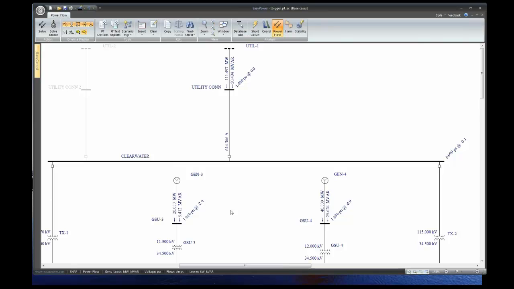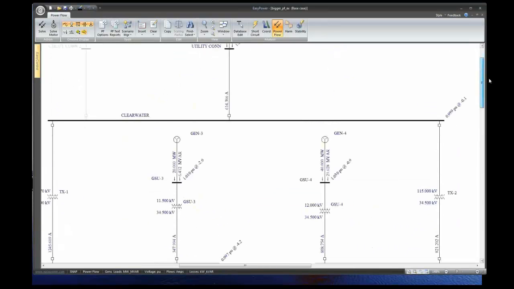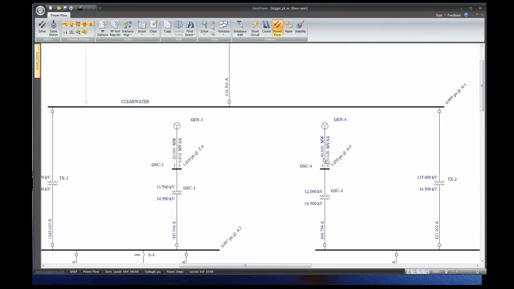My loads still require basically the same amount of VARs. This generator can provide some additional VARs, but there's quite a bit of impedance between these two generators. So the bulk of the difference is going to be made up by my swing source. So again, I'm not changing the real power. I'm changing the VARs, which are closely related to the voltage here.